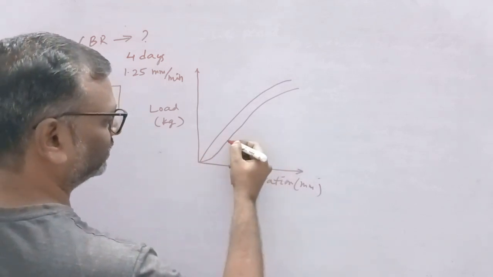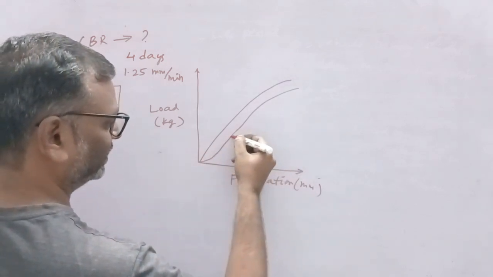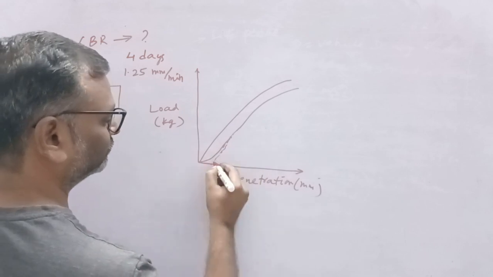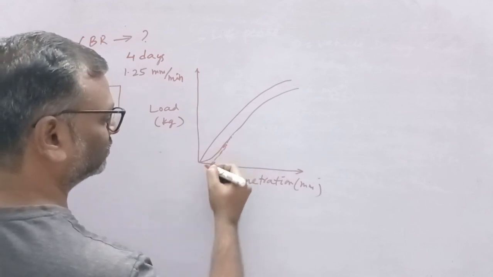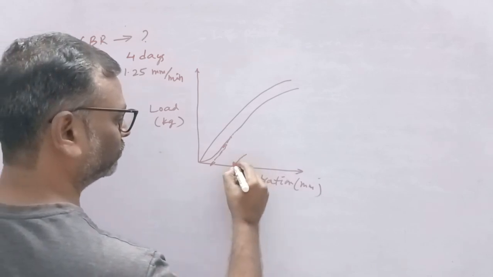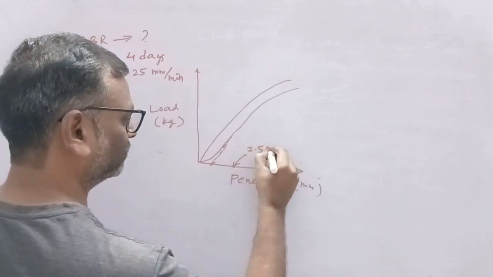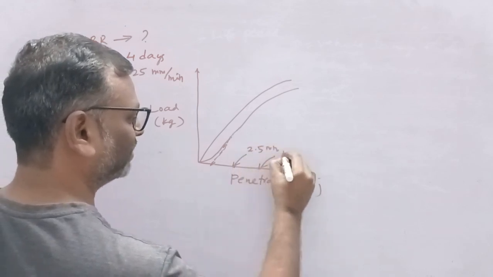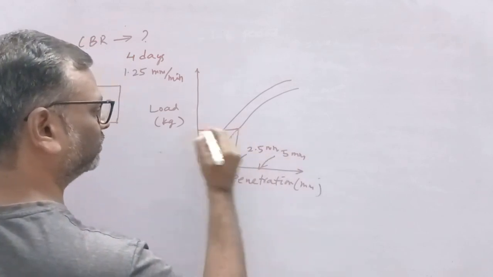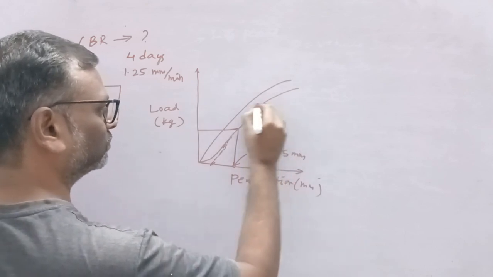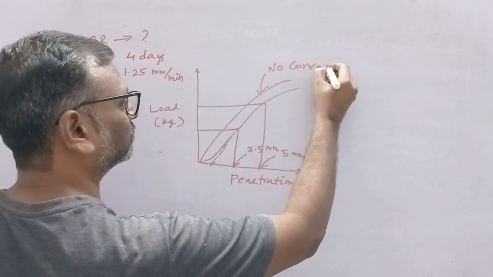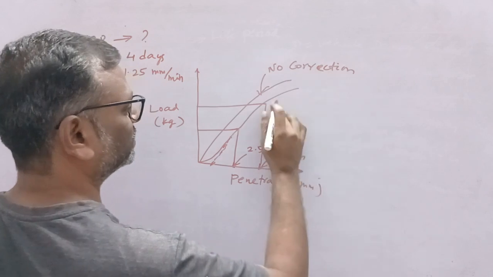Then you need a correction by drawing a tangent, and now you need loads corresponding to 2.5 mm penetration and 5 mm penetration. So this is the no-correction curve, and if correction is needed, this curve.